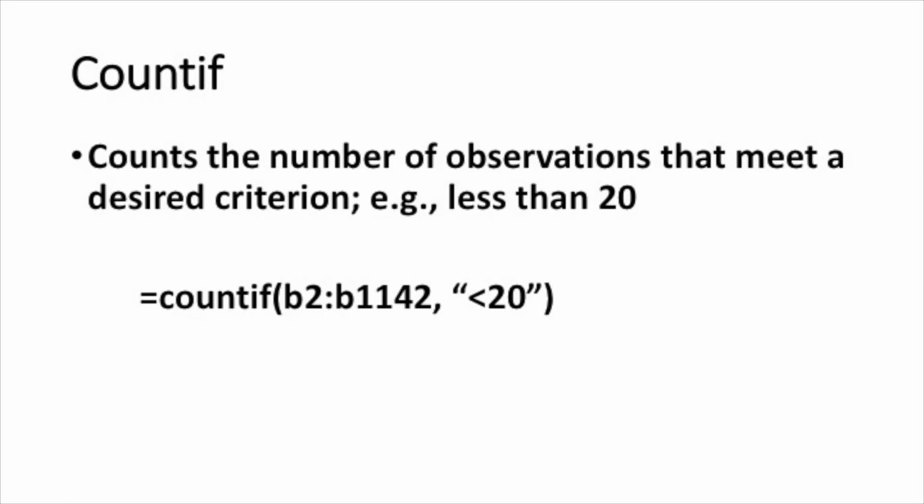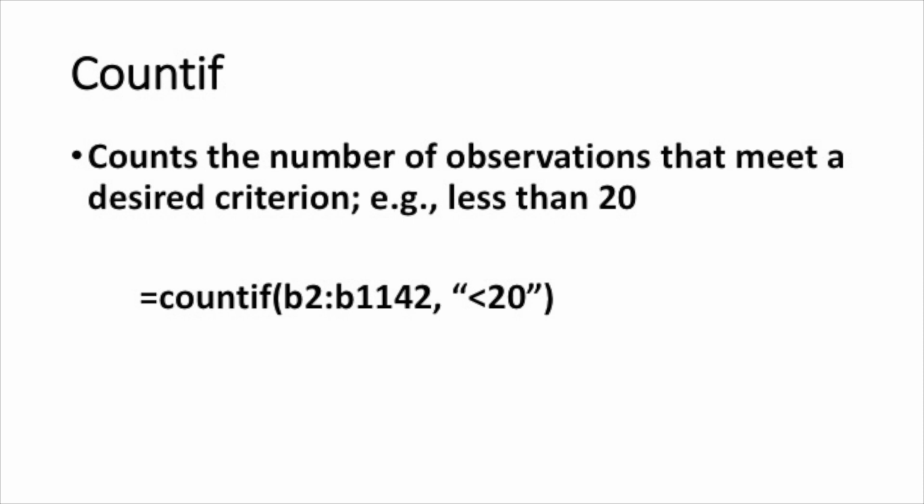An important formula that we'll use in Excel is the Countif function. It counts the number of observations that meet a desired criterion. So for instance, let's say that we have our variable between cells B2 and B1142, and we want to count the number of observations less than 20. We'll use a Countif formula.